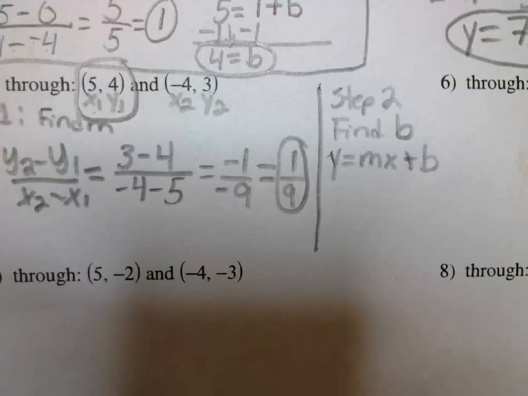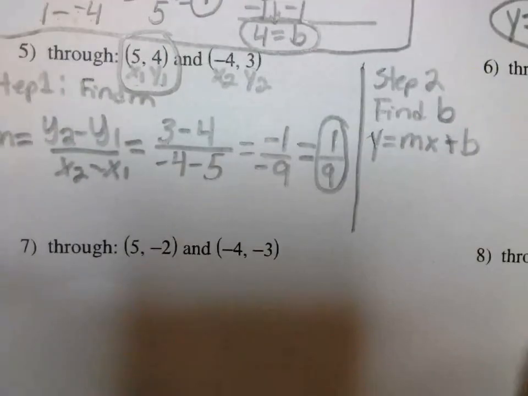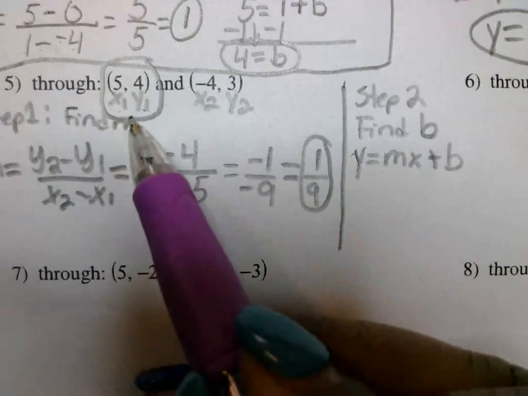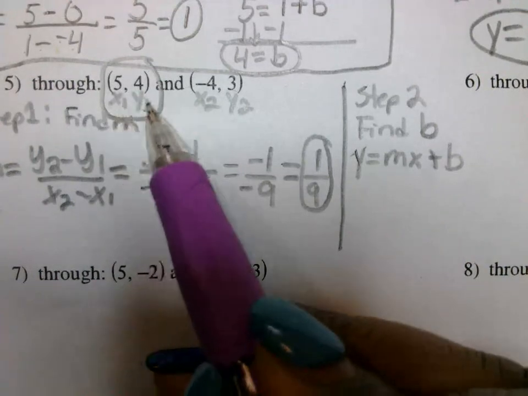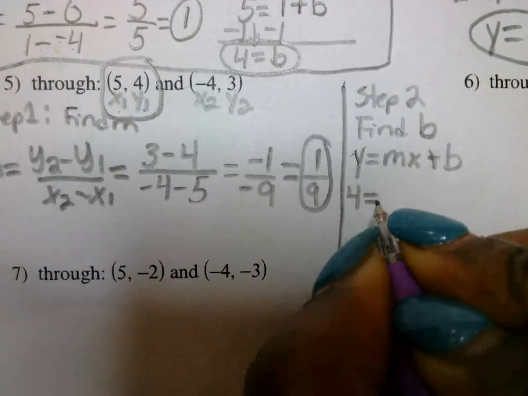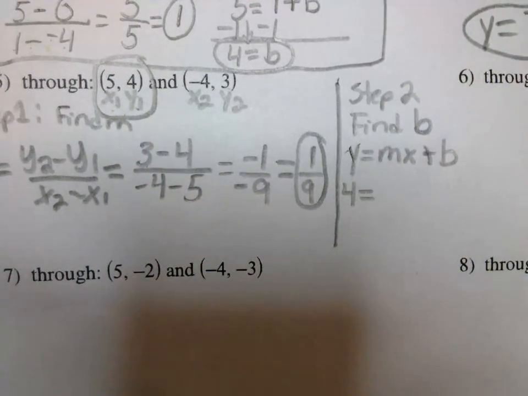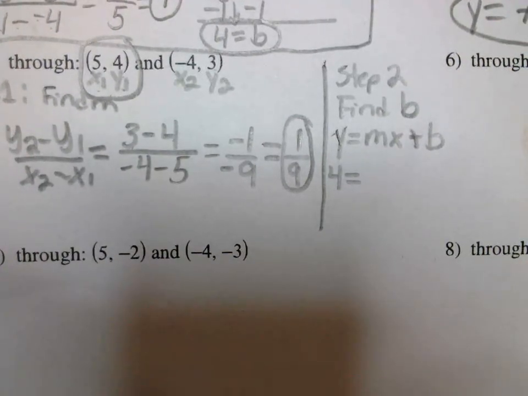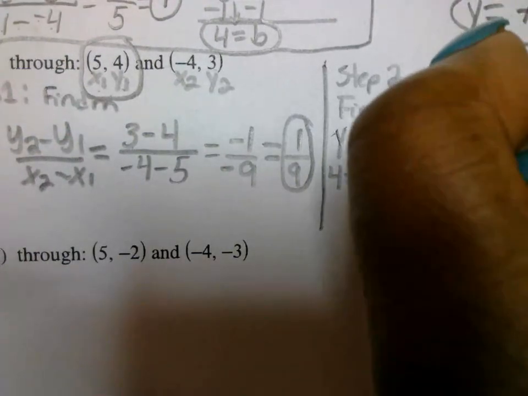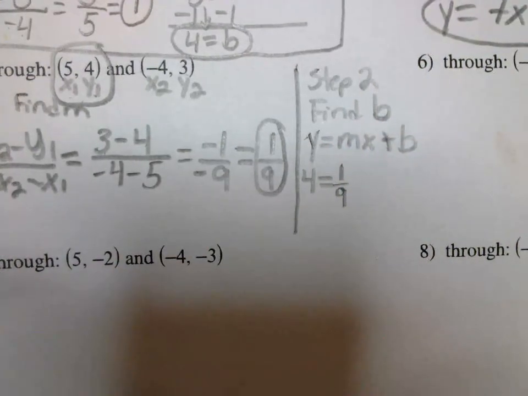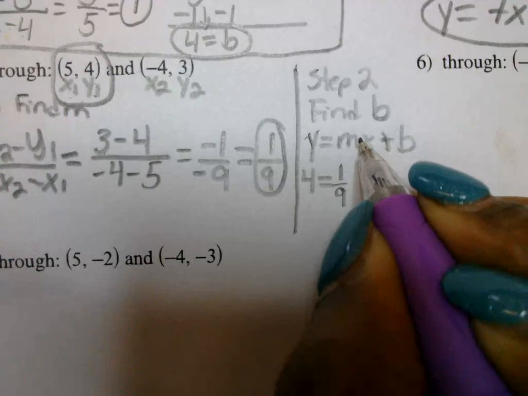All right. What are we going to substitute for Y? We're using this point. Which one of these numbers is Y? +4. What did we say our M was? 1 over 9. This is times.